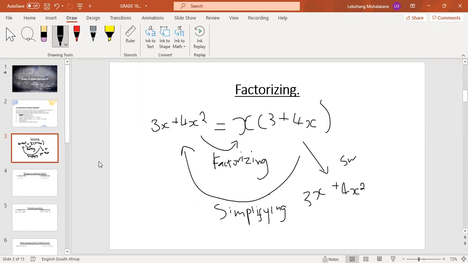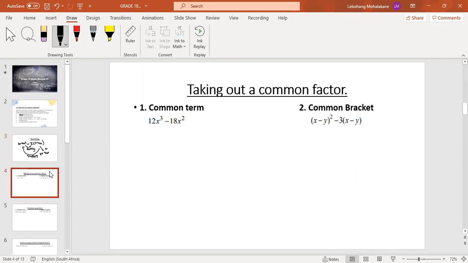So we're going to look at the first one, taking out a common factor. Taking out a common factor is the same as dividing. We're going to look at this example. What is the common factor? A factor is a number that goes into another number without leaving a remainder, right?